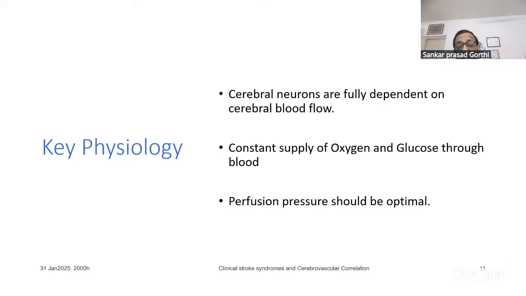The perfusion pressure should be optimal to keep a constant supply of glucose and oxygen, because if the blood flow stops, oxygen and glucose stops. You see that metabolic requirements are so much, so even if you stop for some time, there will be damage.